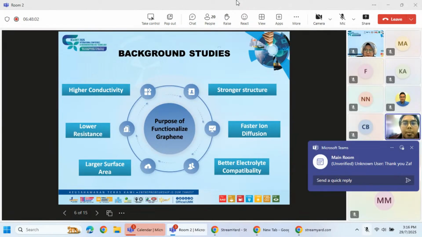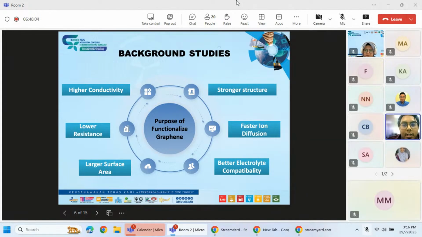The purpose of functionalizing graphene in energy storage application is to enhance its overall electrochemical performance. Functionalized graphene offers higher conductivity and lower resistance, which improve electron transport during charge and discharge cycle.